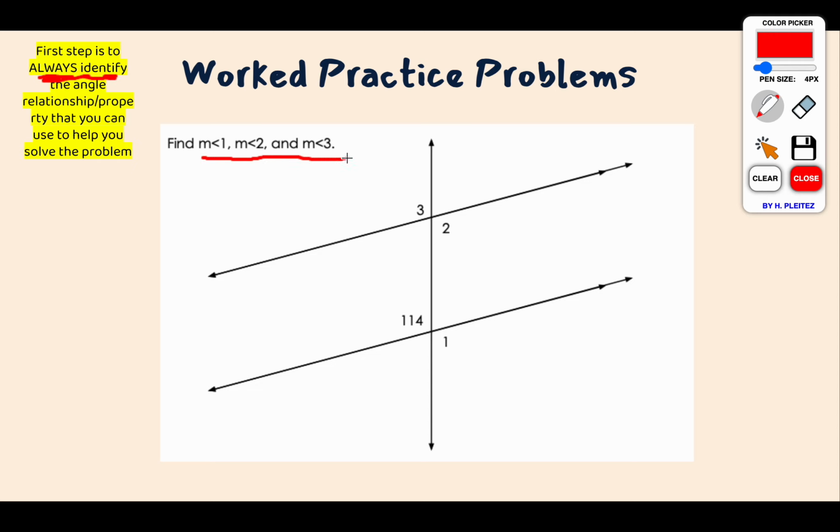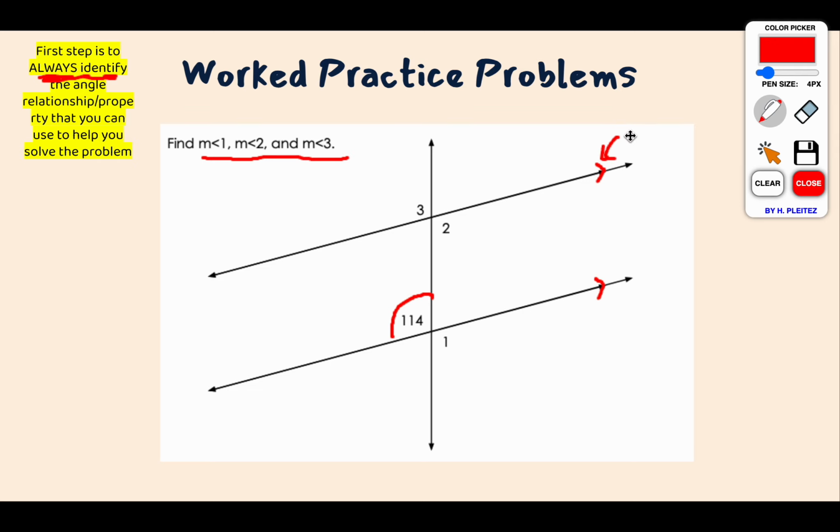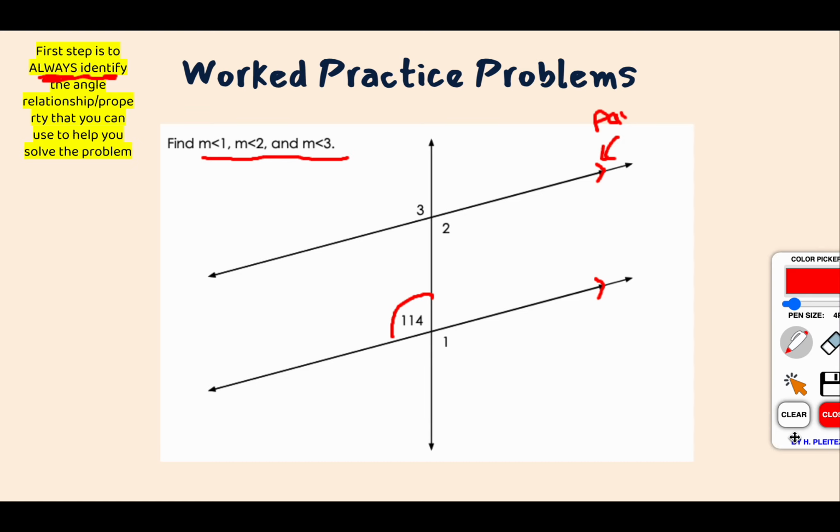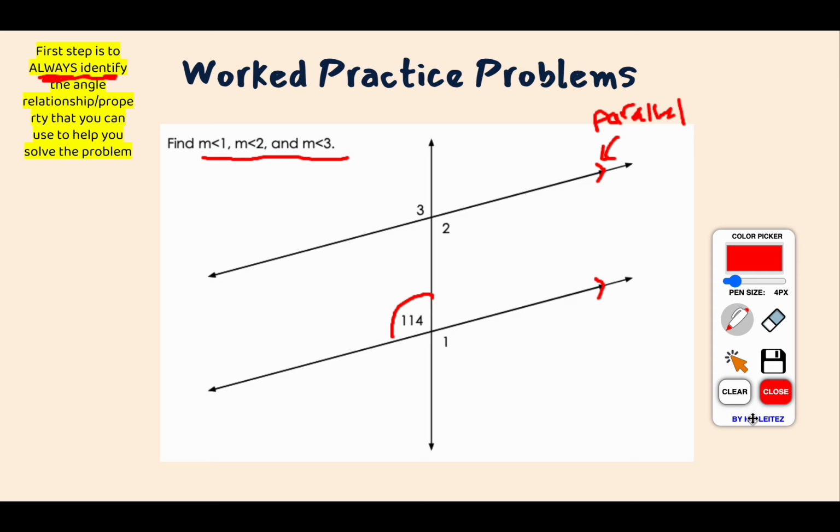So I see that we're given this 114-degree angle here, and I'm also noticing that we have these arrows here. Now when your arrows are in the middle, like they're not on the ends of your lines, this is a dead giveaway that we have parallel lines. Okay, so first thing I see my lines intersecting here.